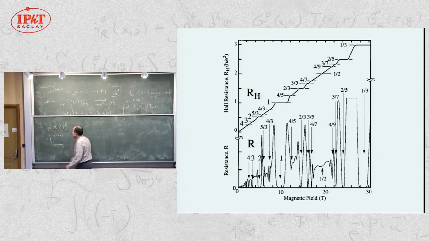And if we just keep V1, which means that our Hamiltonian becomes the sum of all projectors onto relative angular momentum 1. If you apply this guy onto the Laughlin wave function, all relative angular momenta are at least 3, which means that this projector goes to 0.